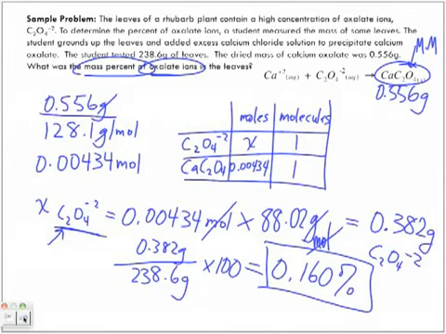We've been given the mass, 0.556 grams of our precipitate. Using that, we can figure out the number of moles of our ion, and then use the molar mass of the ion to find the actual mass.